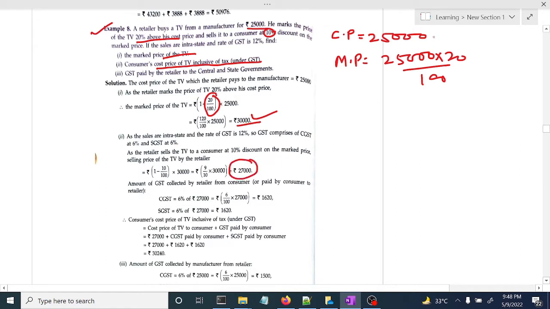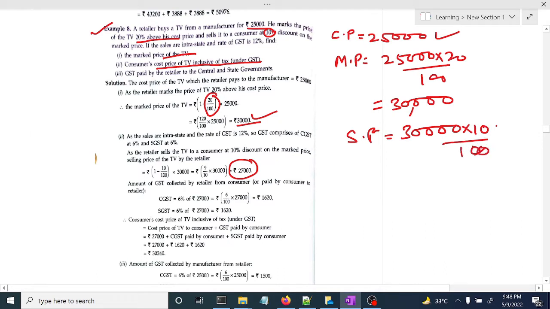So the cost price is 25,000, the marked price is 30,000, right? And the selling price is 30,000 with a 10% discount, right? So 3,000 discount he is giving. So 27,000 is the selling price, right?